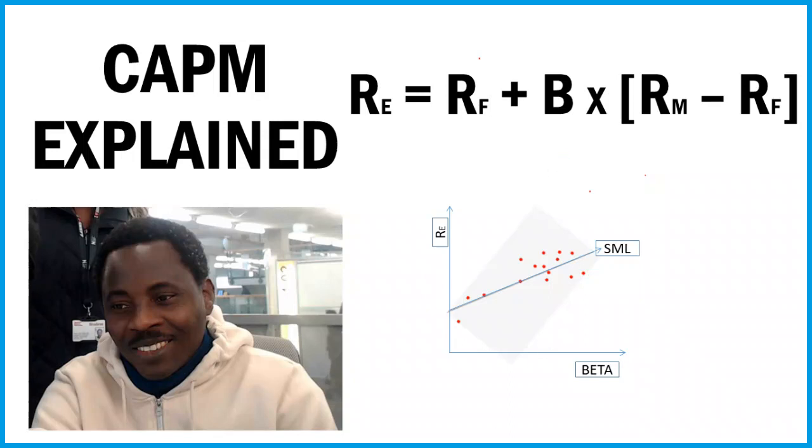Recapping quickly, we say when we are talking about CAPM, or capital asset pricing model, it is a model of pricing the stock in which we want to know whether we can buy and at what price, and what will be our return, which we call expected return. And to do that, we actually need to know what the market is giving us and what the risk involved in the stock actually is.